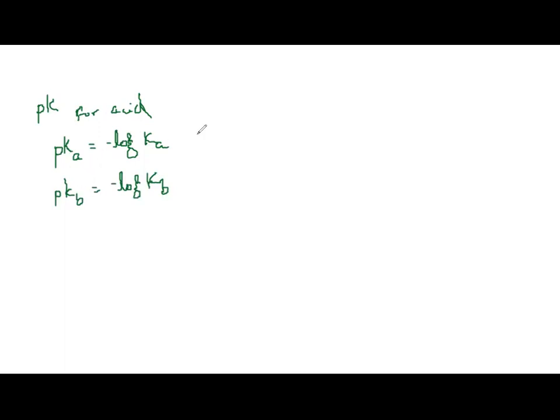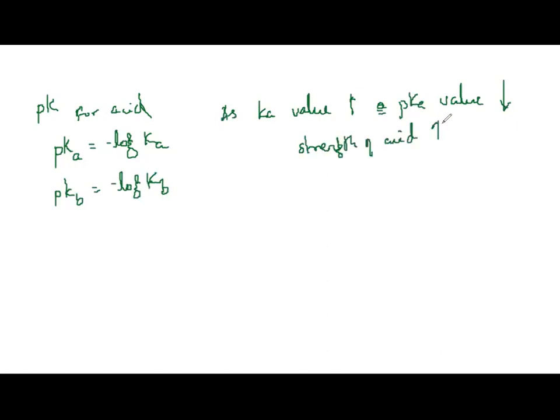Or I can say as Ka value increases or pKa value decreases, strength of acid increases. So for increasing acidic strength, either Ka value must be high or pKa value must be low.